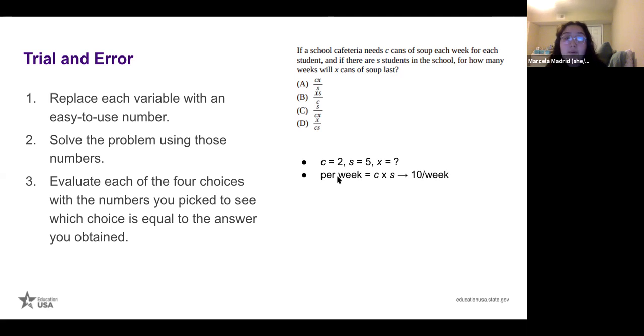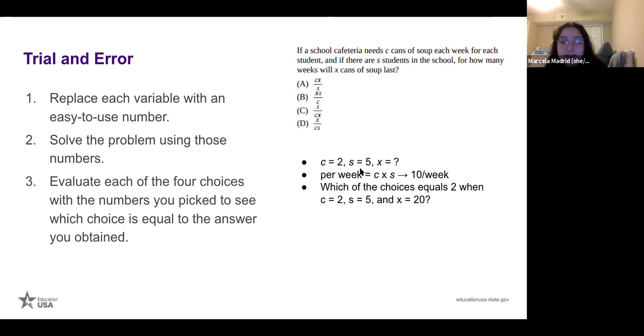So if you know that per week, it's going to be the amount of cans per student times the number of students, it's going to be 10 cans per week, which you're going to plug in, and you have to figure out which of the choices works when the cans of soup C equals 2, the number of students S equals 5, and X is equal to 20.